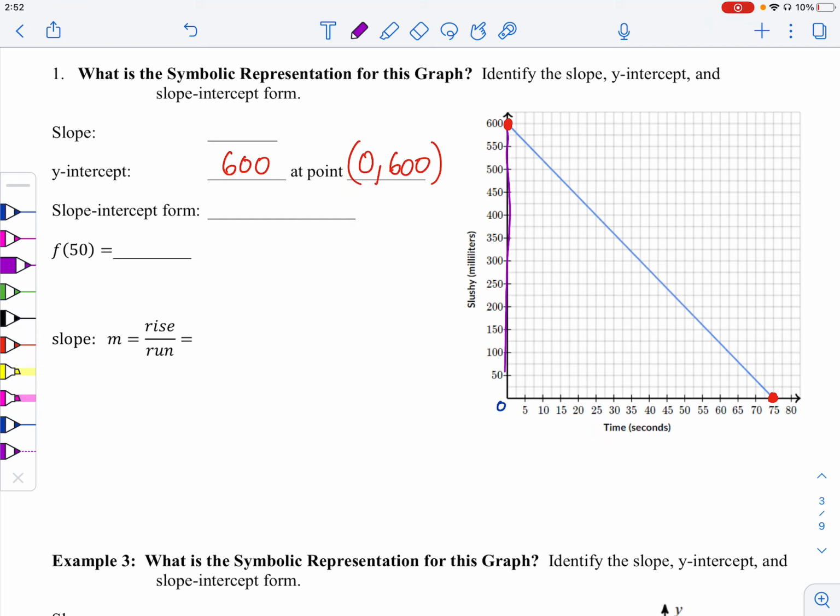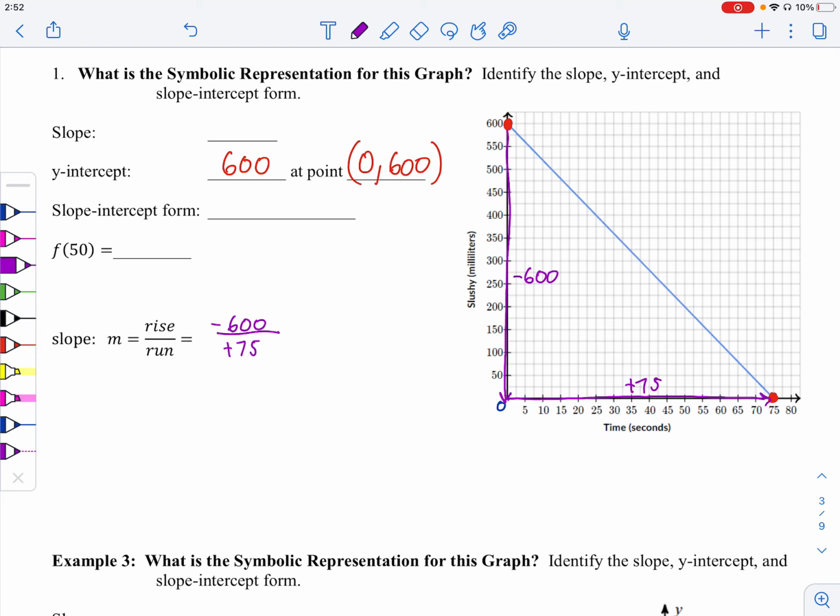So down 600, so a rise of negative 600, over, and it goes all the way to 75, plus 75. That's our rise over run, and that's going to be our slope.